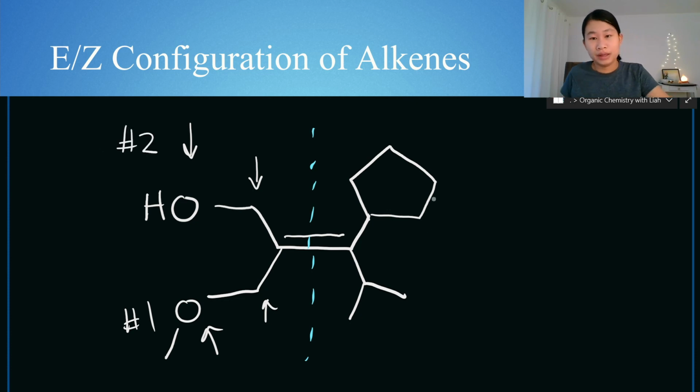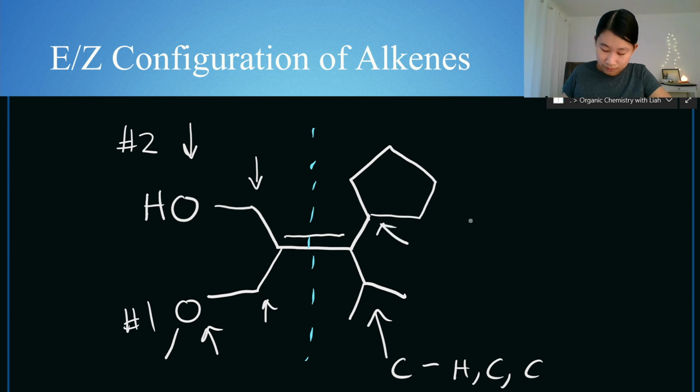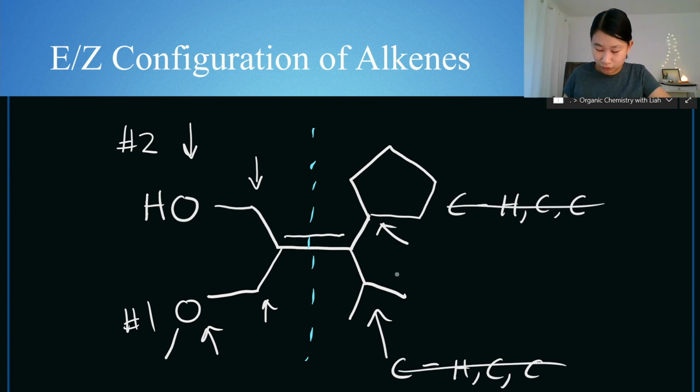Now over here on the right, we see a carbon attached to a hydrogen and 2 carbons. And up here, this carbon is attached to a hydrogen and 2 carbons. Okay, so all that ties out, so we need to move on. So if we move to the end, so I'll circle it in green, we're at this point here, and we're at this point over here.